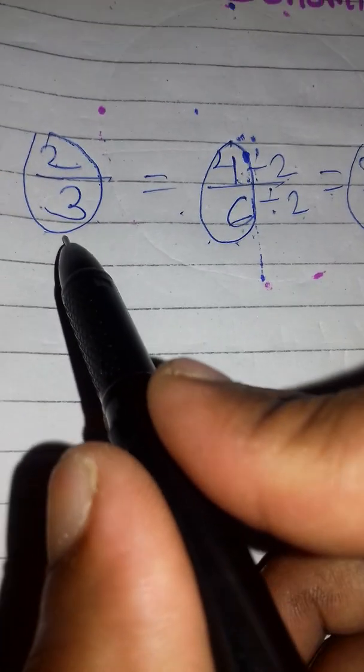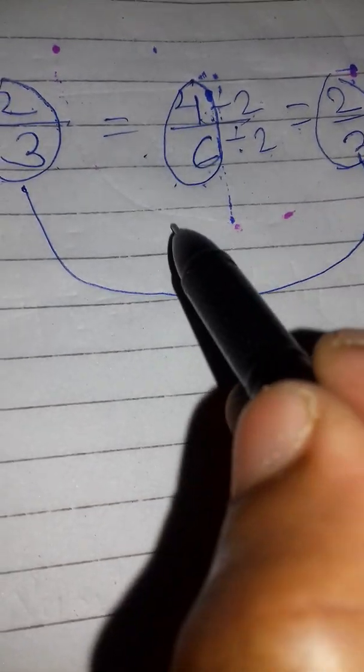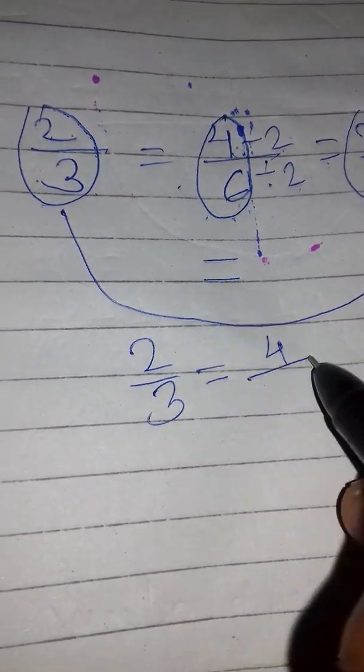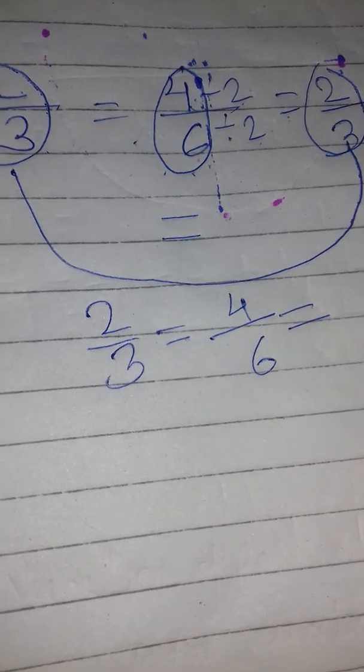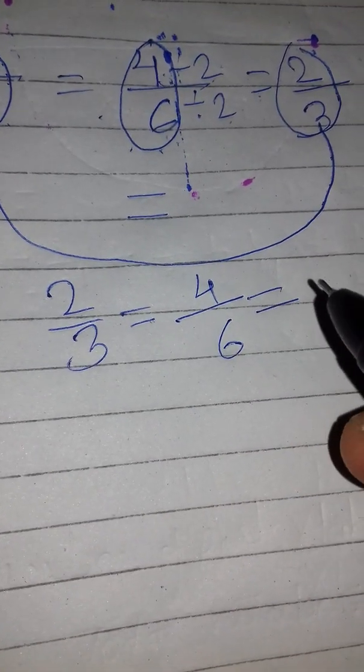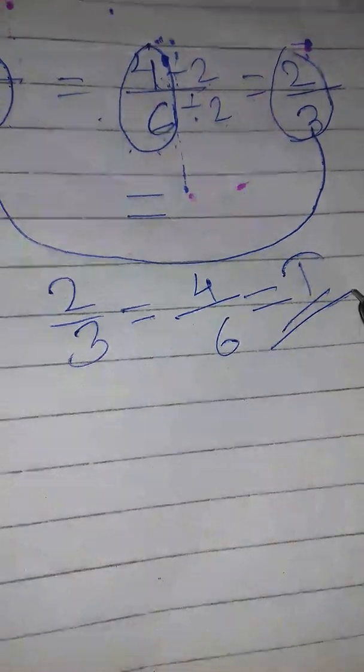So from this 4/6 what have we got? 2/3, and this is also 2/3. So 2/3 is equal to 4/6. So whatever shaded fraction is given in this shape is true.